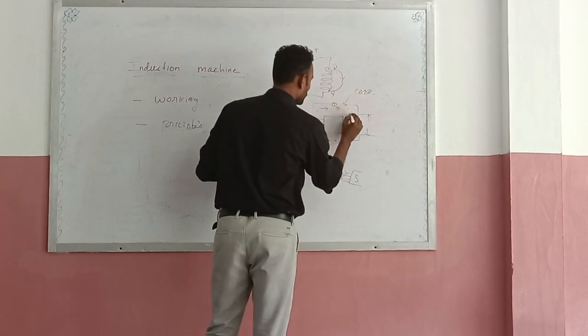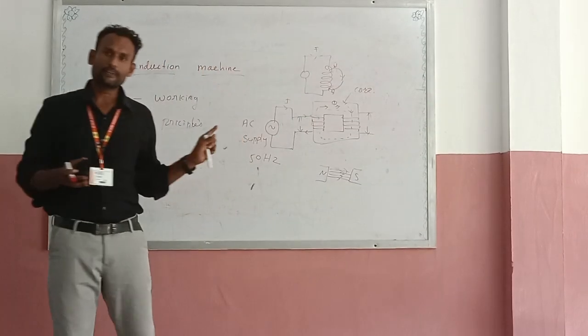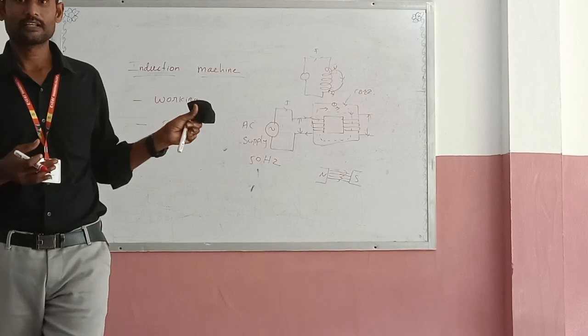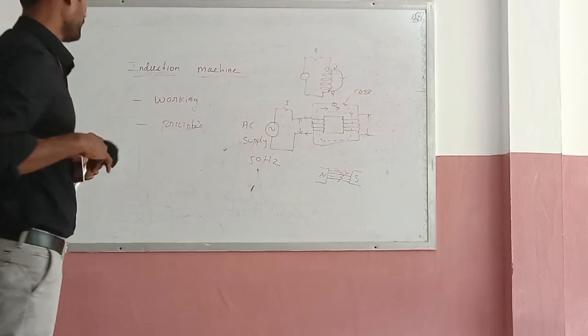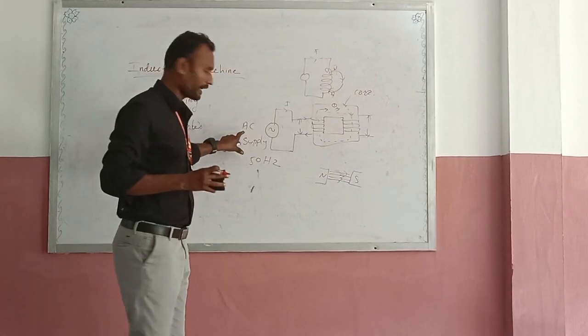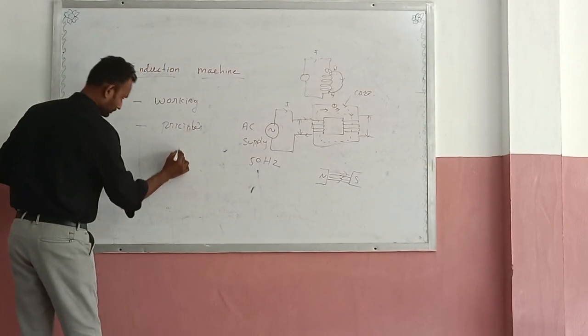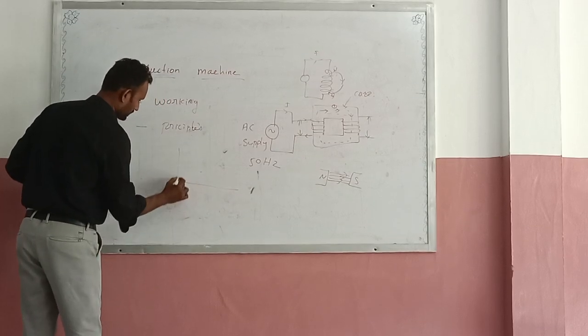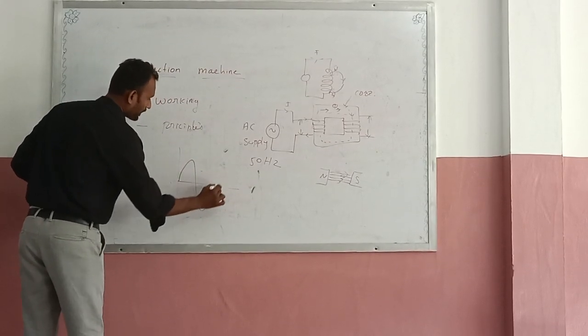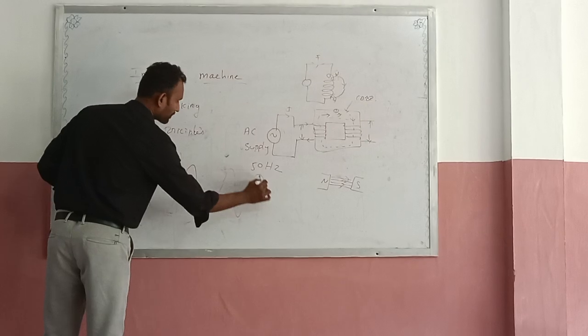This is not a constant flux. This is an alternating flux. Why? Because we are giving alternating current, so the flux is also alternating. What is alternating? It alternates between plus and minus.